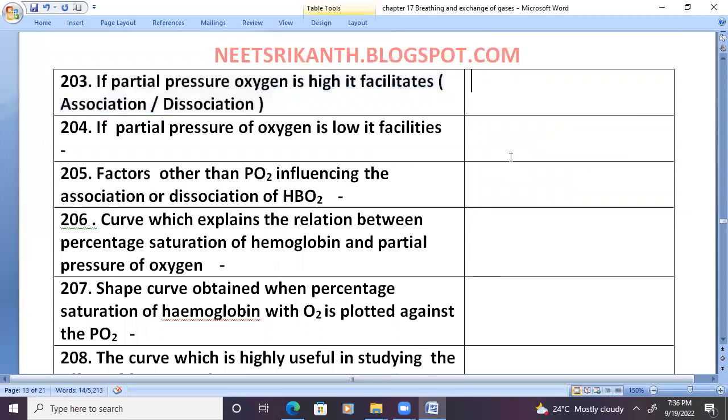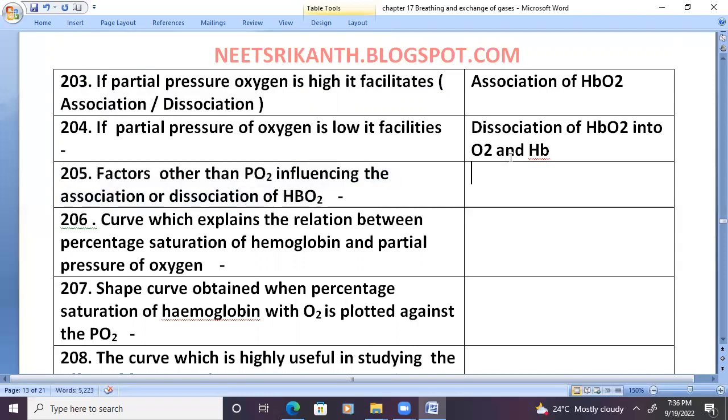If the partial pressure of oxygen is high, it facilitates the association of oxyhemoglobin. If the partial pressure of oxygen is low, it facilitates the dissociation of oxyhemoglobin into oxygen and hemoglobin.